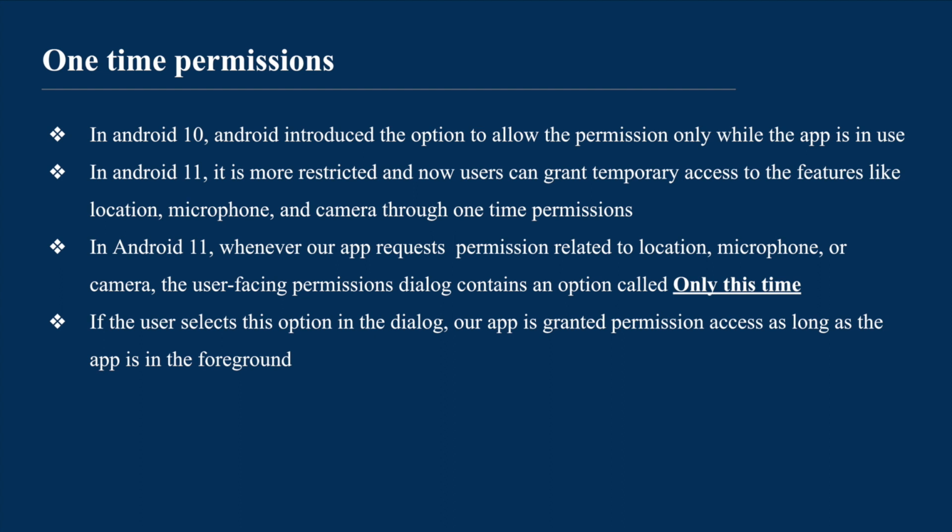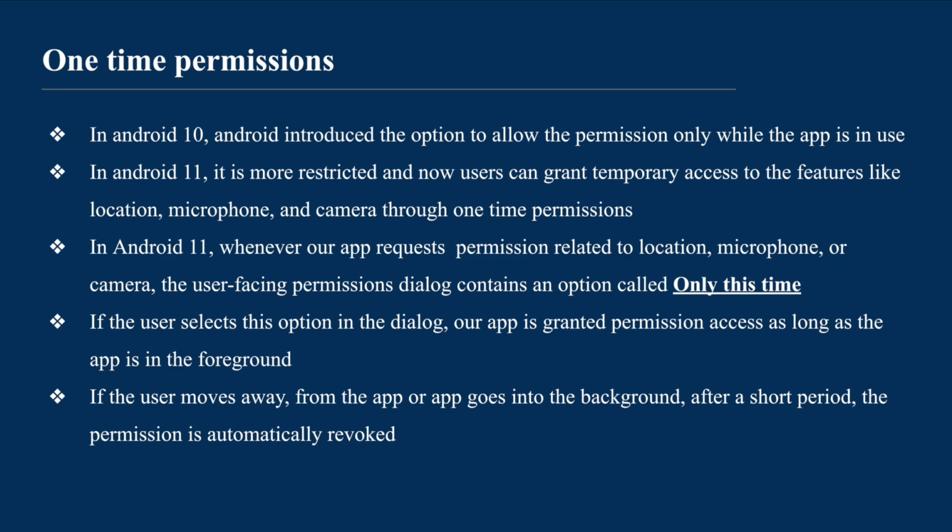If the user selects this option in the dialog, our app is granted permission access as long as the app is in foreground. If the user moves away from the app or the app goes into the background, after a short period, the permission is automatically revoked.